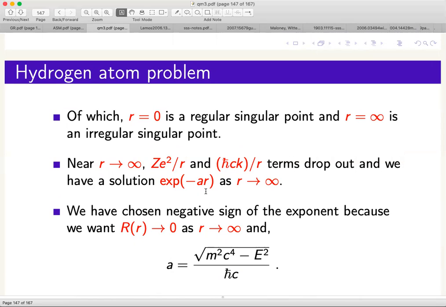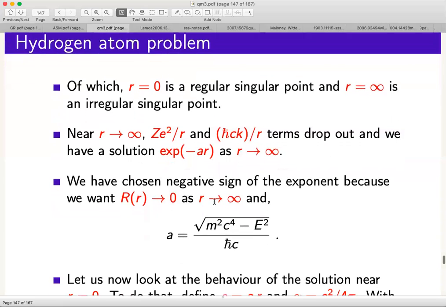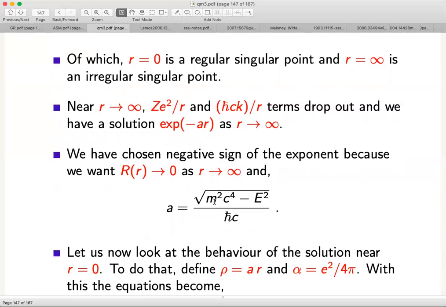So therefore, the solution is e to the minus ar times whatever is the solution at r equals 0. Is that fine? I am not so sure, but okay. What one needs to do is to write down a solution which is whatever you solve at r equals 0 times this expression, and explicitly check that it works.